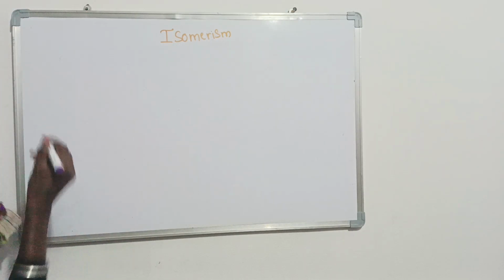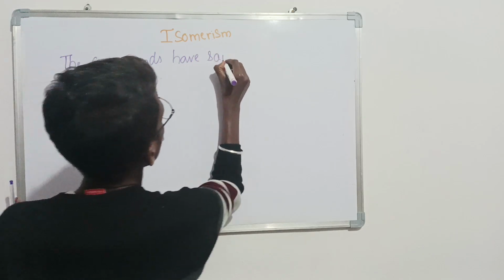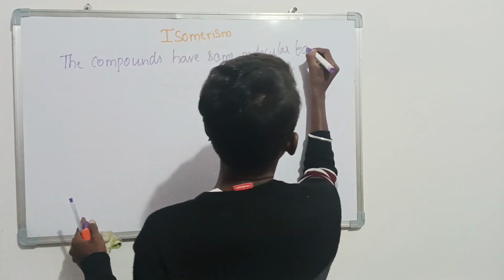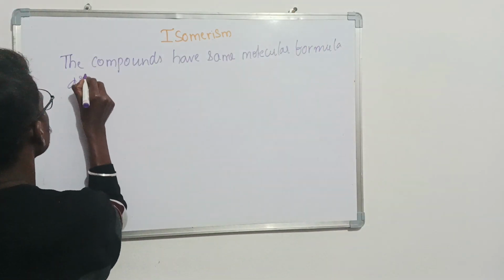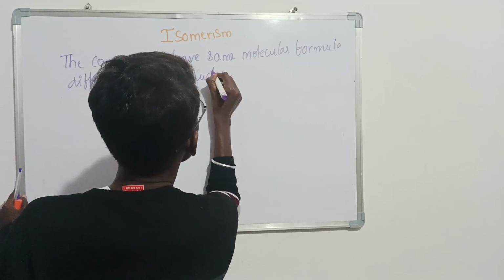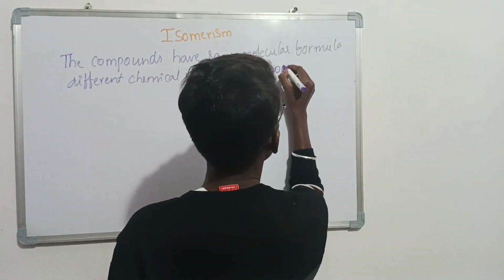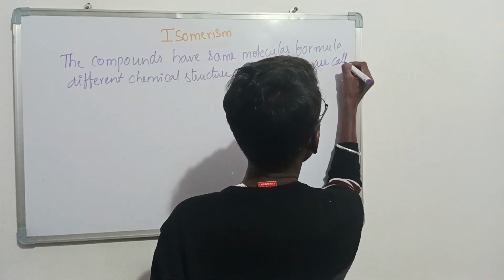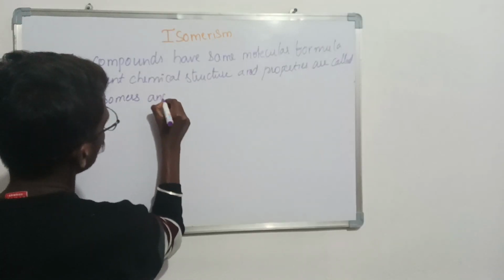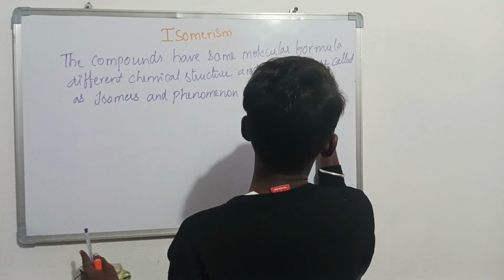So, what is isomerism? The compounds that have the same molecular formula, but different chemical structure and properties, are called isomers, and the phenomenon is called isomerism.